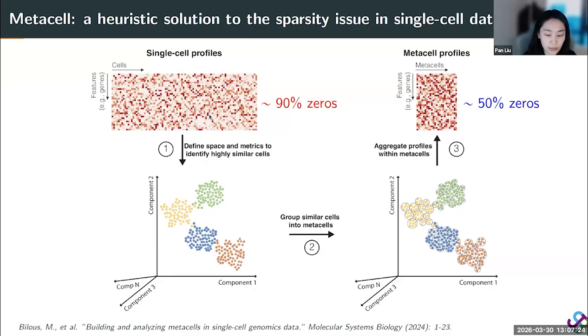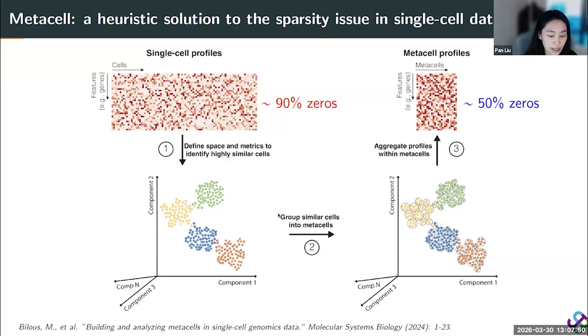Intuitively, we do not want these zeros in our downstream analysis, or to say we want to solve this sparsity issue, because this can hinder many downstream analysis tasks. And this metacell concept we're talking about today is exactly a pre-processing step in the single-cell data analysis pipeline that is developed to solve this sparsity issue.